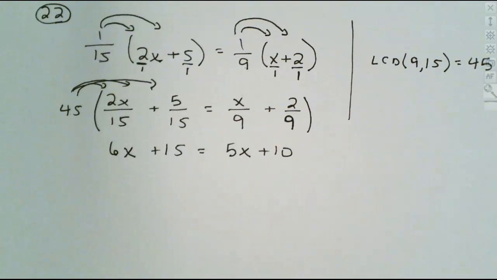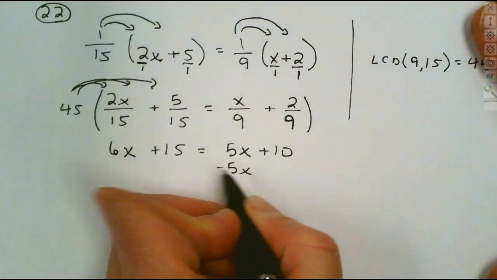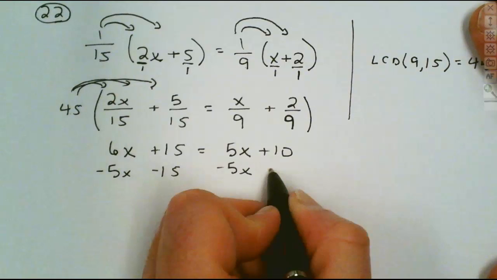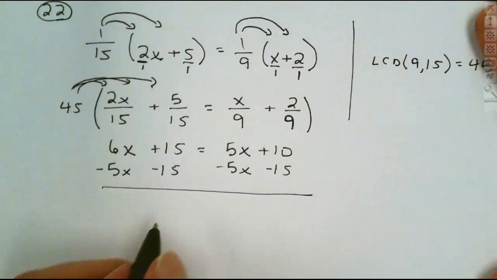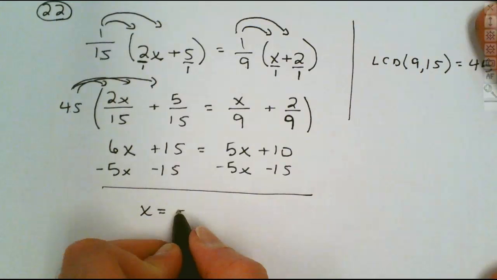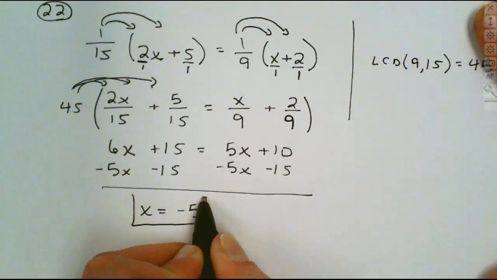Now we should know what to do. So move that 5x over, and move that 15 over as well. That's then going to leave us with x equaling now -5.